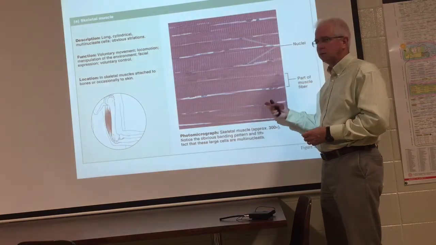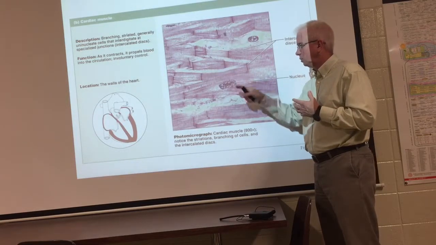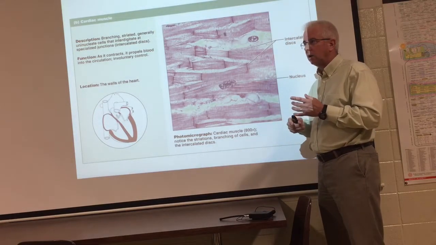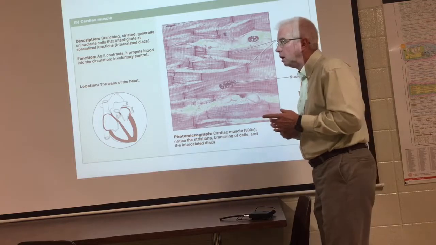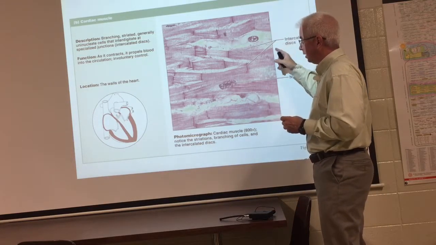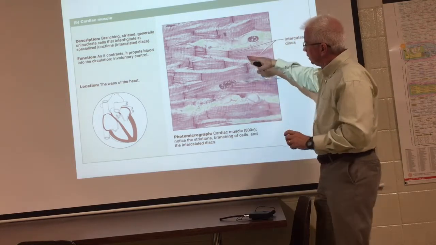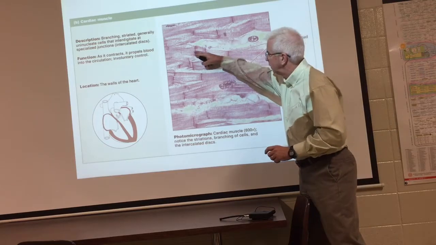How do these cells arrange with one another compared to the way these cells arrange with one another? Say again? Yes, we're going to get there. Let's do big picture first. So this cell is running this way.